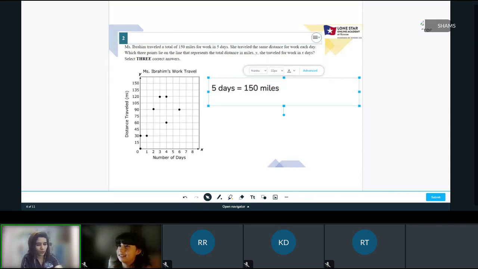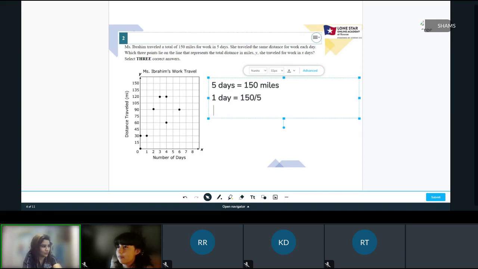Can you figure out the unit rate for 1 day? Over 5 days, if she travels 150 miles, definitely we'll do 150 divided by 5, and that will tell you how much she travels in 1 day. Figure that out.